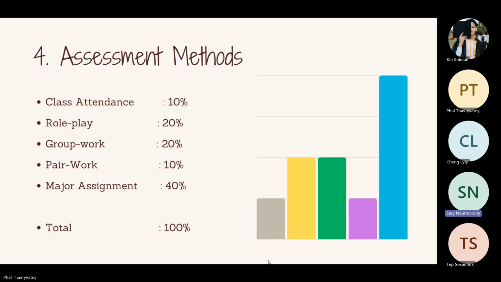I also wrote down the major assignment in appendix 1 as well, and I hope the teacher can see it. Thank you. So we finish with the assessment method here. I also want to give the floor to our teammate to present the next slide.